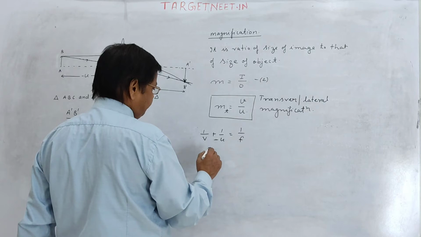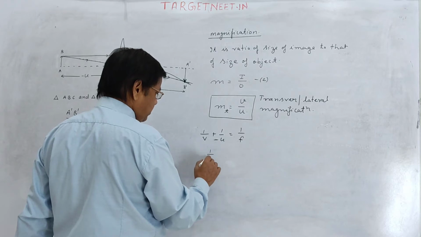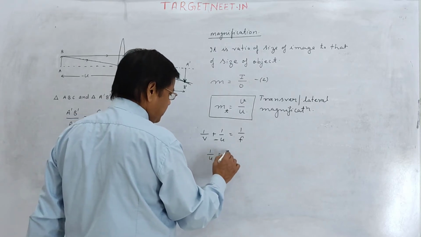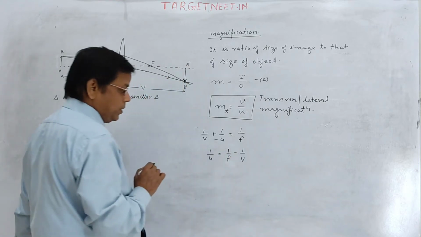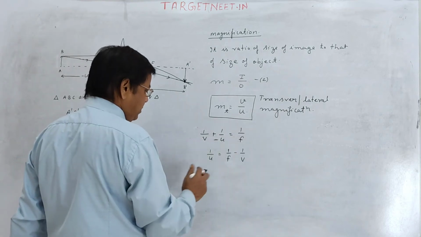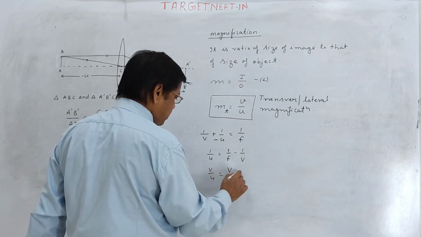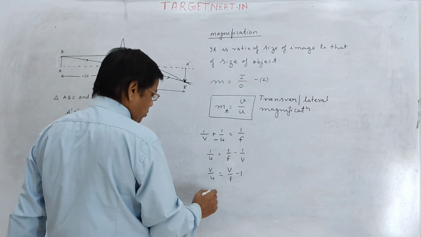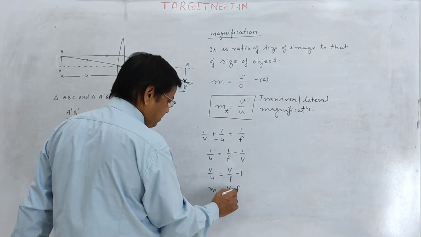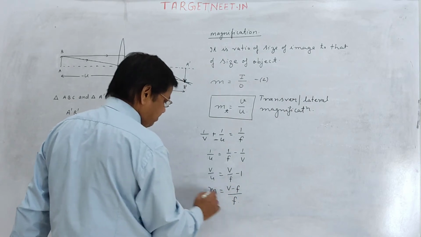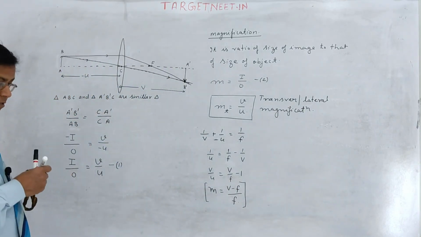If you take 1 upon V on this side, it is 1 upon U is equal to 1 upon F minus 1 upon V. Now if you multiply by V, it is V upon U is equal to V upon F minus 1, and this is magnification. So M is V minus F upon F.